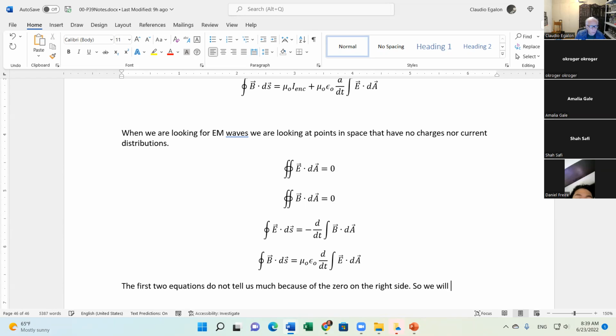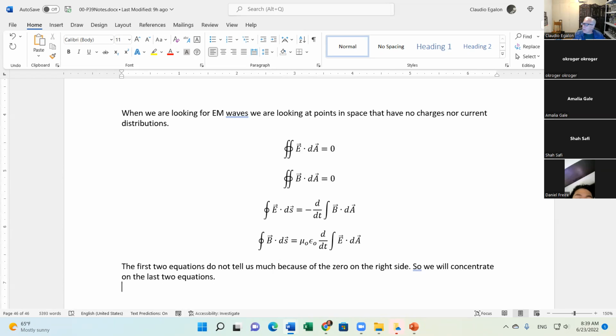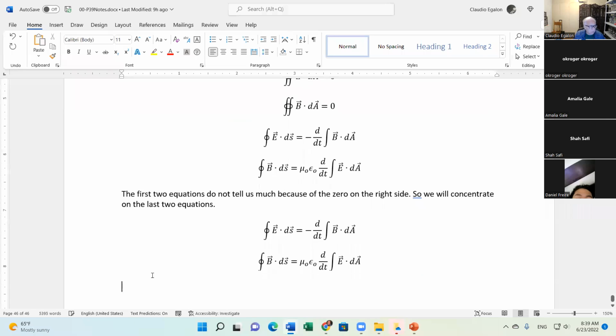So we will concentrate on the last two equations. Okay, here we go. So I'm going to just go ahead, copy and paste those two equations here. And what am I doing?